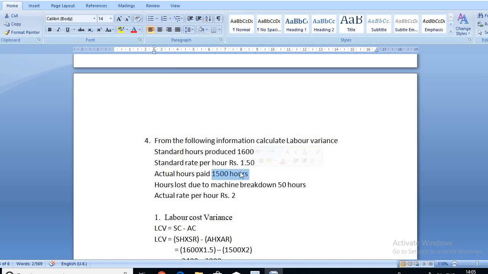But in calculating labor efficiency variance, don't take this actual hours, because in these 1500 hours, 50 hours were lost due to machine breakdown. So the actual hour will be 1500 minus 50 hours, that will be 1450 hours. This will be calculated only in labor efficiency variance.